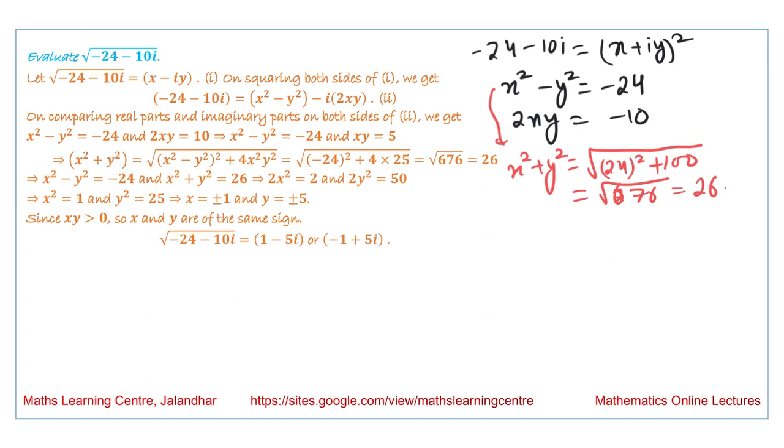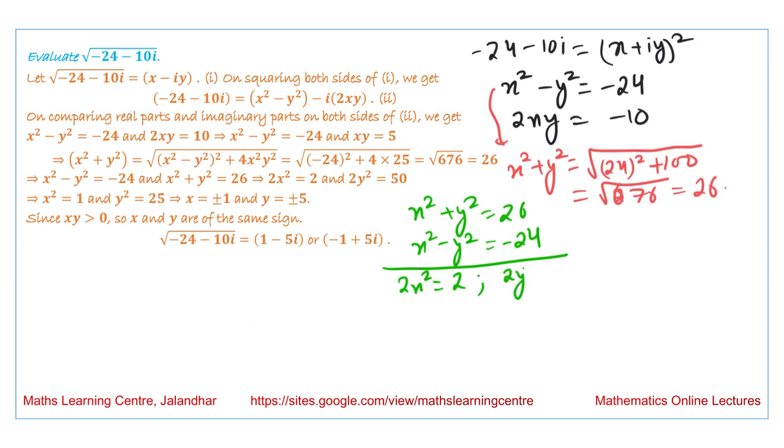So the two equations we have are x² + y² = 26 and x² − y² = −24. When we add them, we get 2x² = 2, and when we subtract them, we get 2y² = 50.